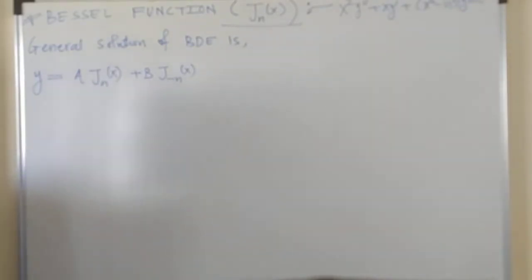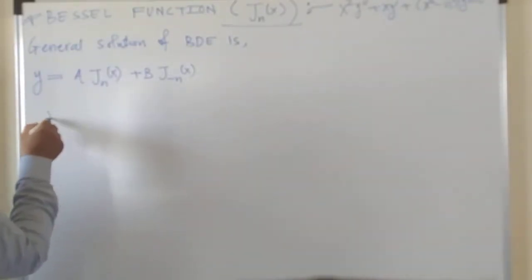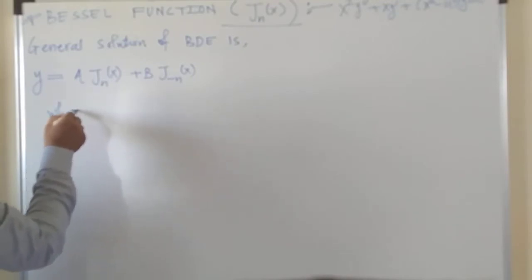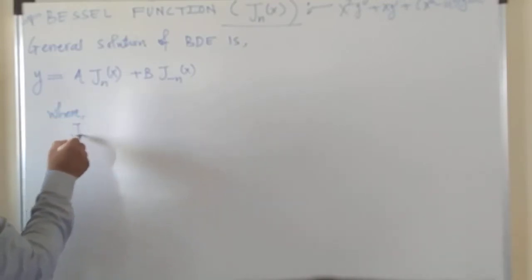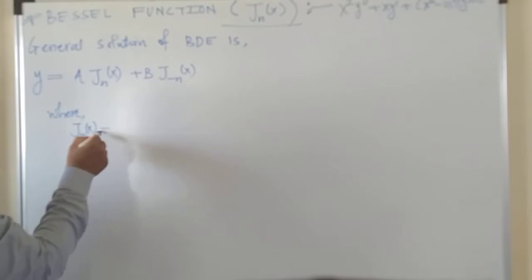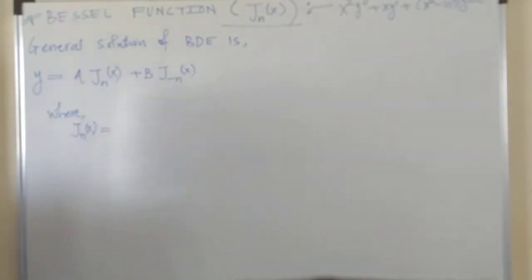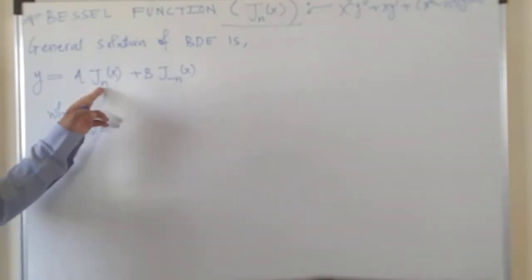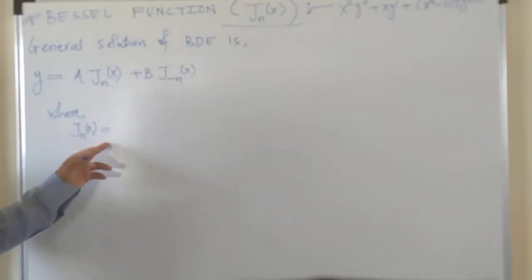This is the general solution, and Jn of x and J minus n of x are called Bessel function of first kind and Bessel function of second kind respectively.